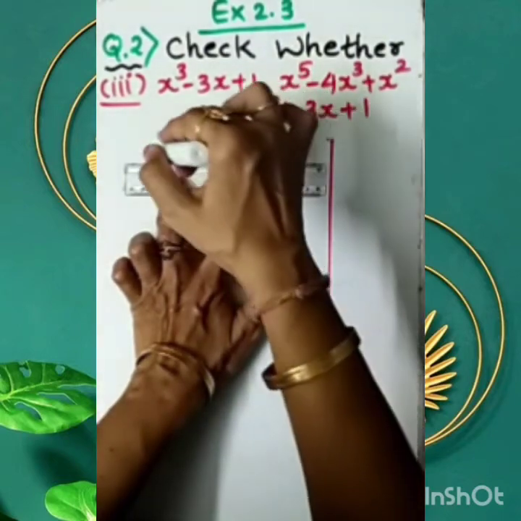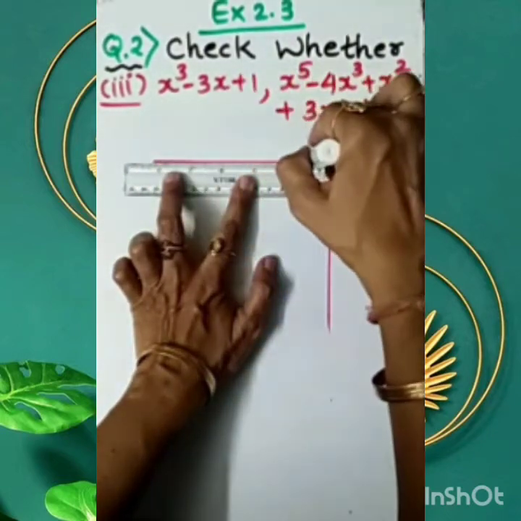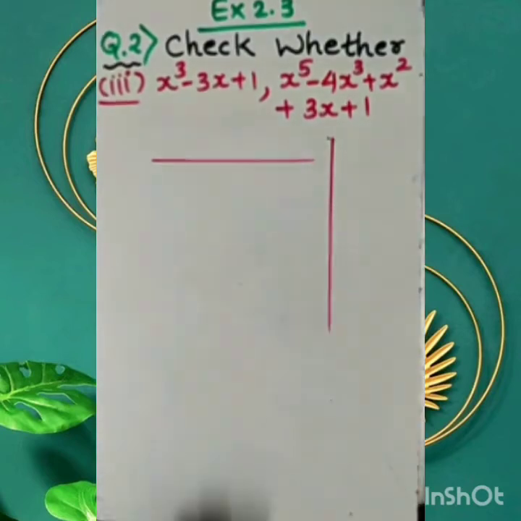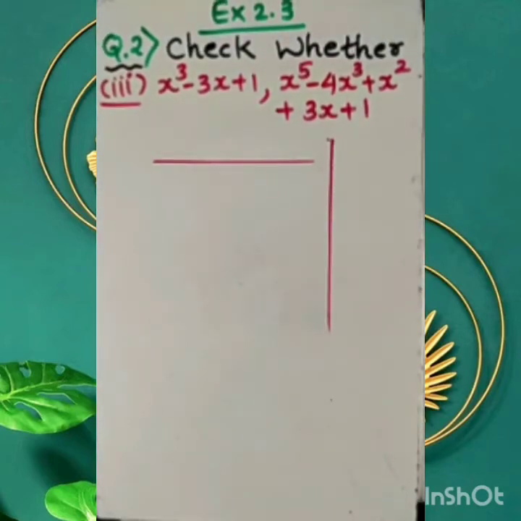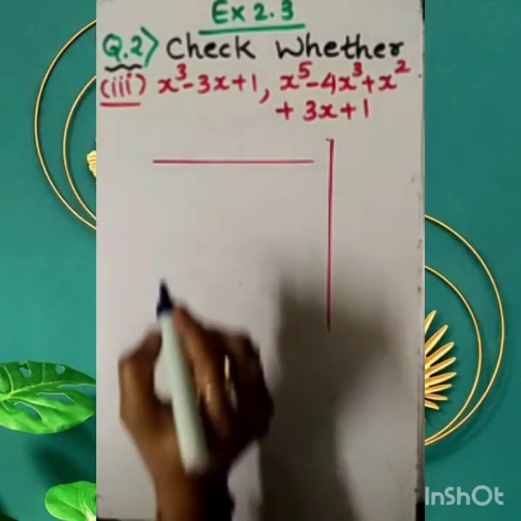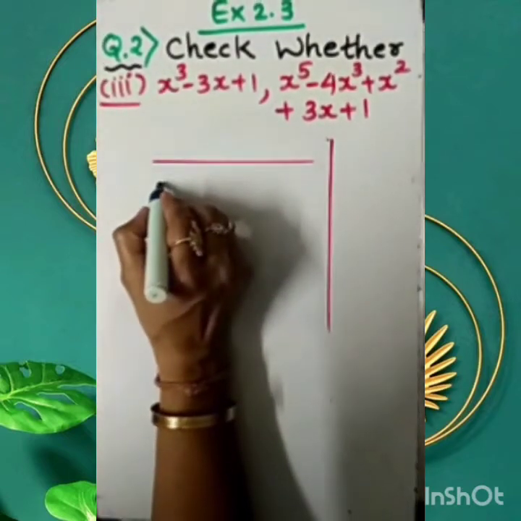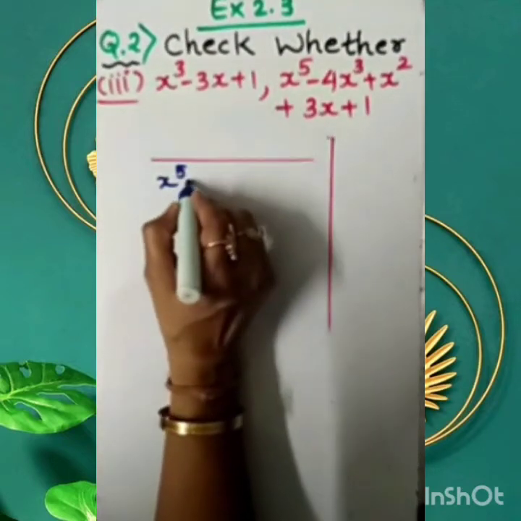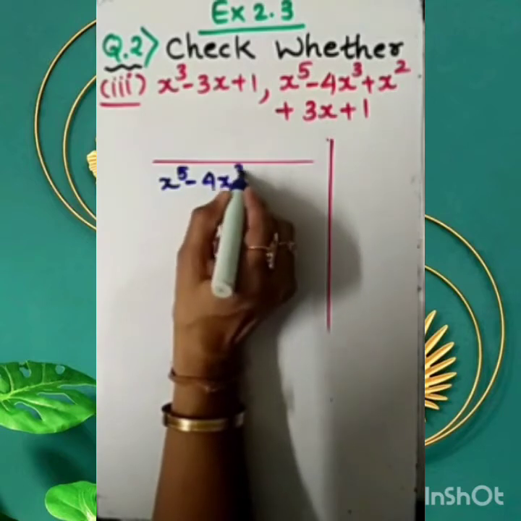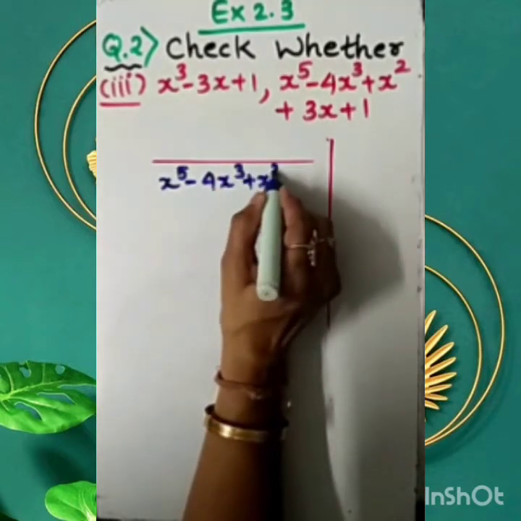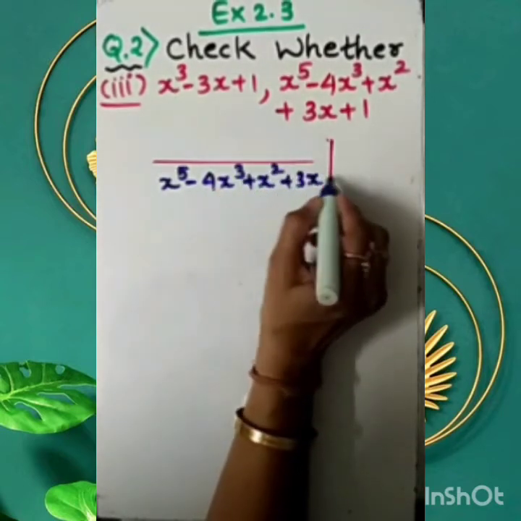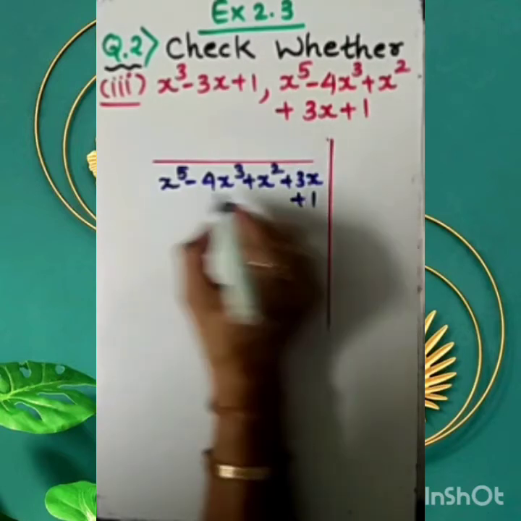And first, before you start, just check the second polynomial which we are writing as a dividend. It must be in ascending or descending order. So here it is already there: x to the power 5 minus 4x cube plus x square plus 3x, and of course plus 1.